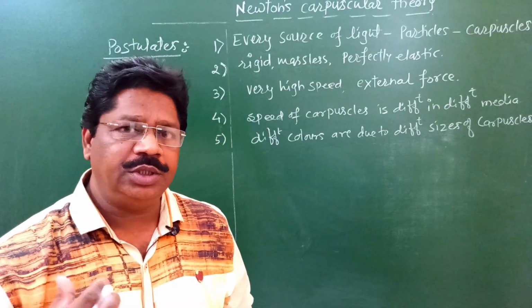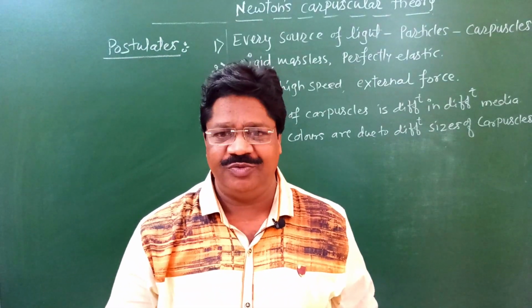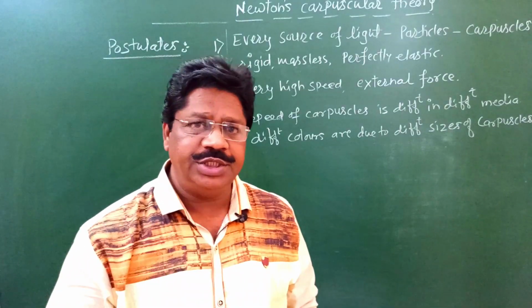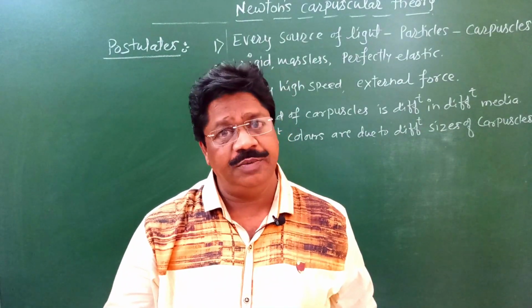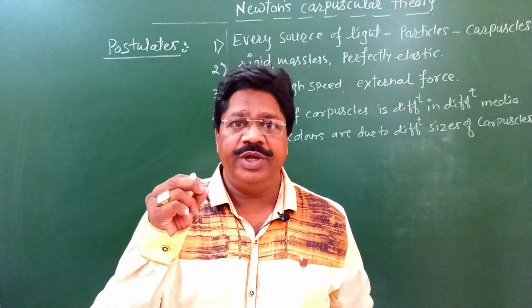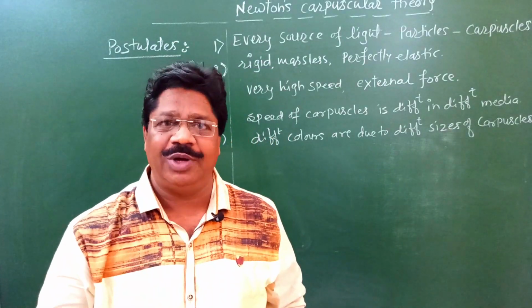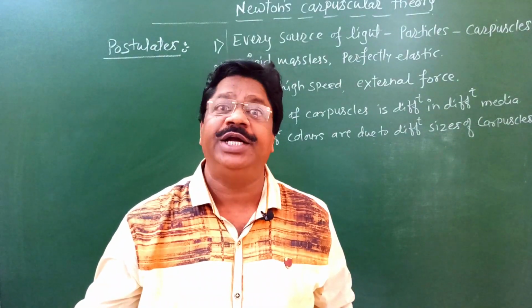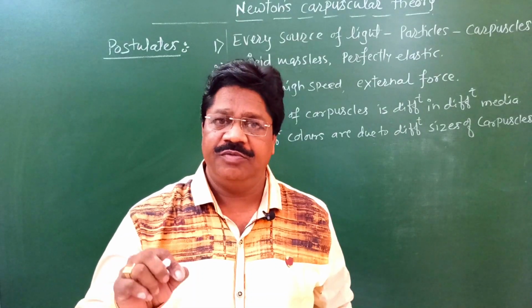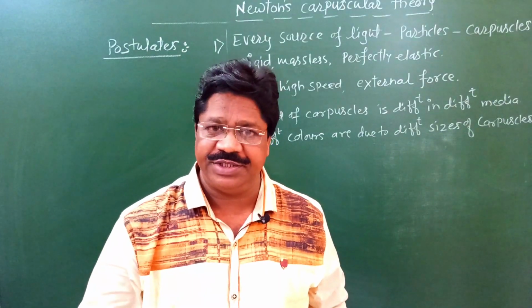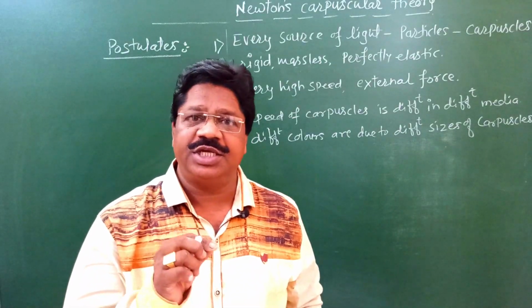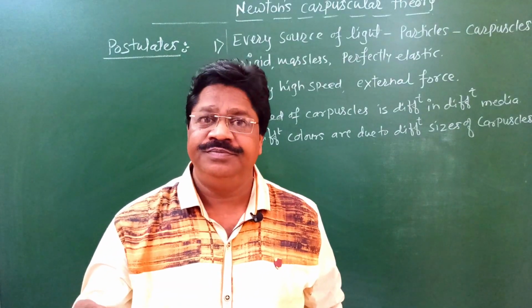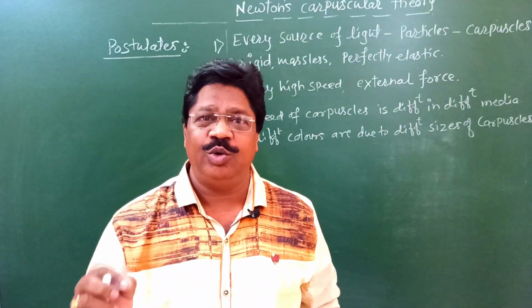Then Newton explained two optical phenomena: one is reflection and another is refraction. How does reflection occur? When the corpuscles emitted from the source of light strike a reflecting surface, for example a mirror or a polished surface, they undergo elastic collision.